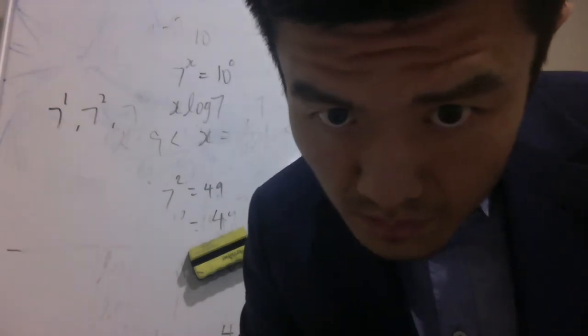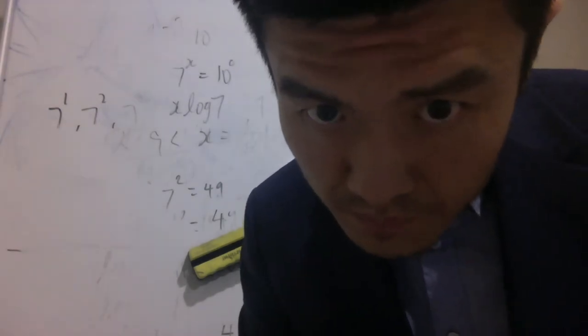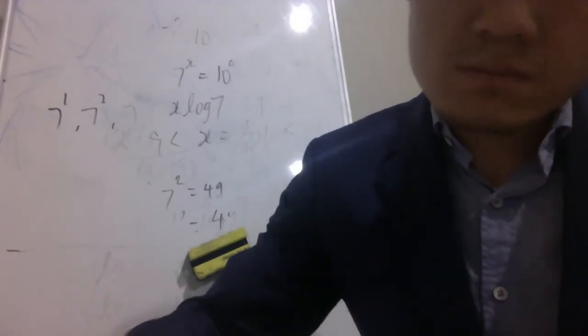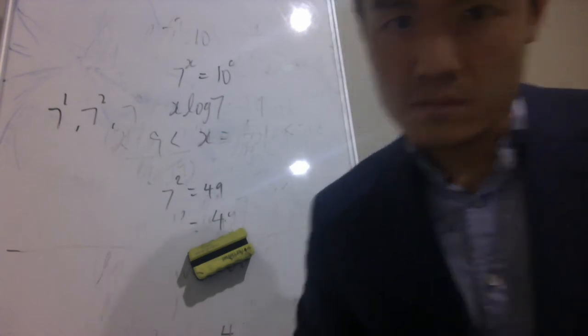One, two, three. Yeah, 7 to the 11 is over, and 7 to the 10 is under.